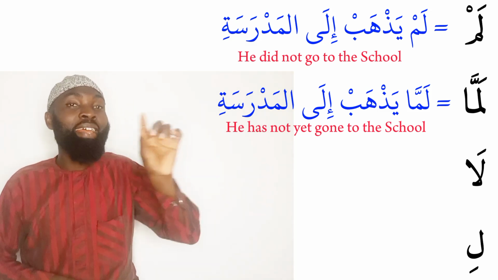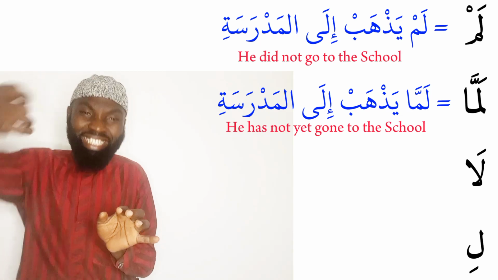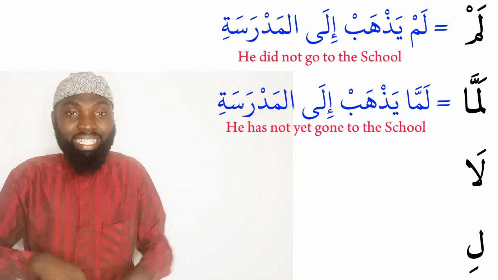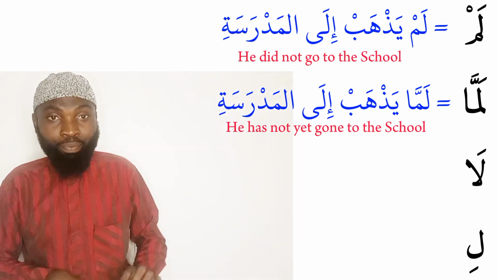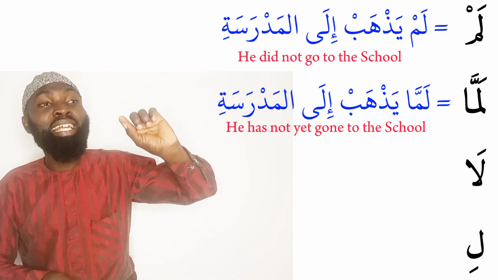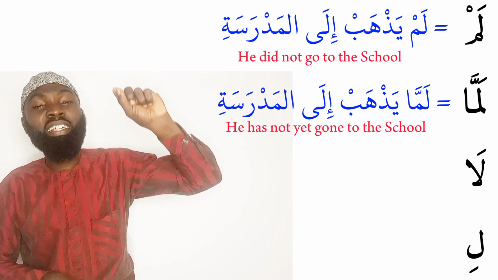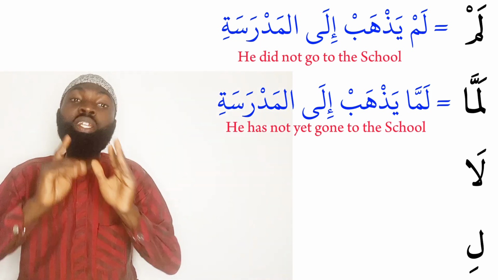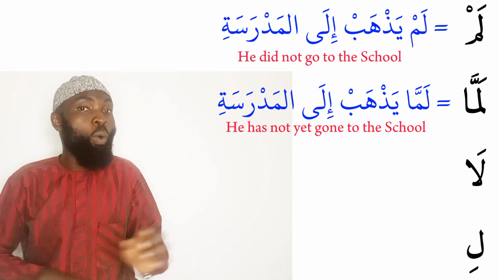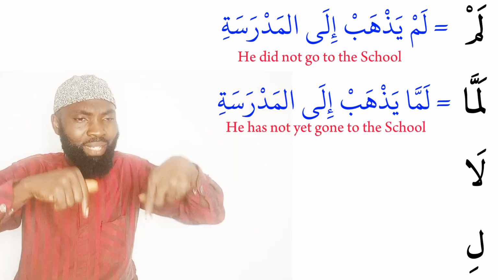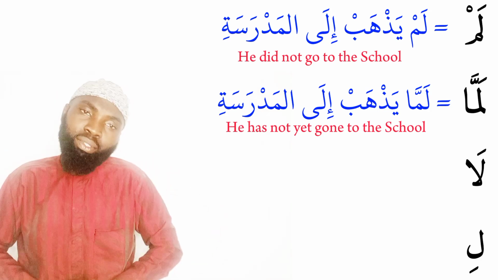So when I say lamma yadhhab, it means he has not yet, meaning up to this moment, he has not gone to the school. Unlike the first one where we said lam yadhhab ila al-madrasati, he did not go to the school, this is only in the past. But when I say lamma, it means yet, up to this moment, he has not gone to the school.